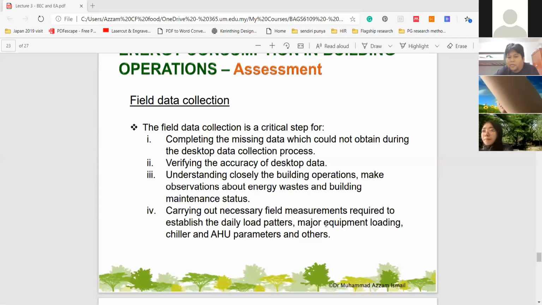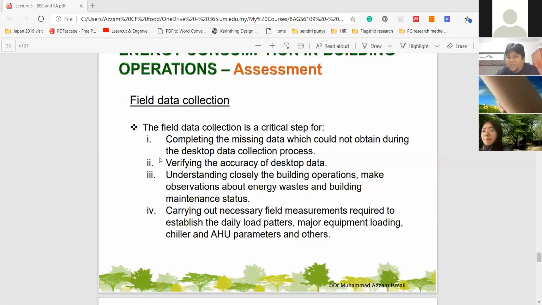From field data collection, there are a number of things you need in order to complete missing data which you do not get from other means, and also to verify the data. Sometimes the drawings say we're supposed to have, let's say, 500 artificial light fittings, and suddenly you find out on site there are only about 200.